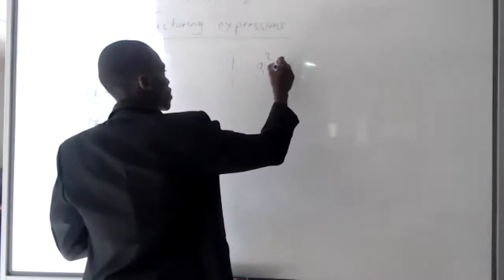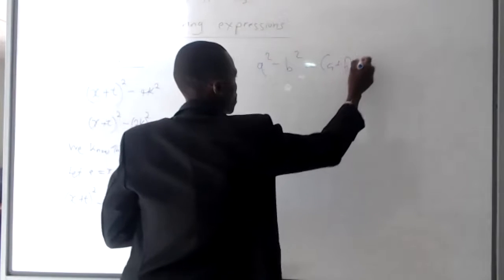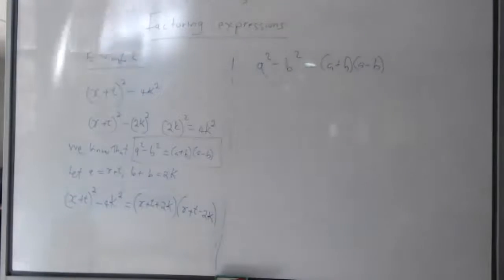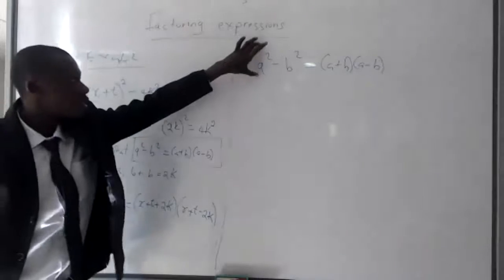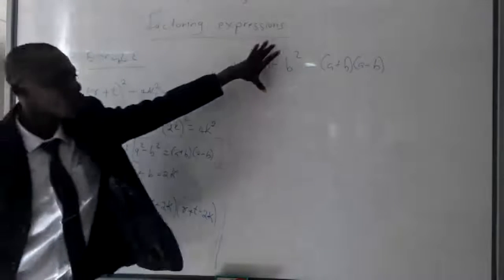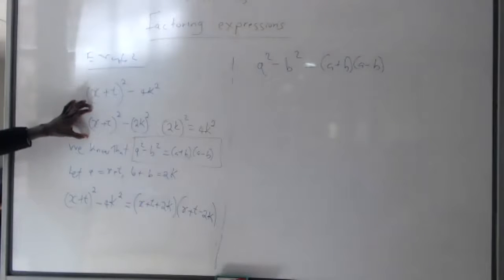The rule we are using is that a difference of squares, a squared minus b squared, factors out as a plus b times a minus b. This is what I know, and I want to use this to factorize something else. So I'm using what I know to solve a different problem.